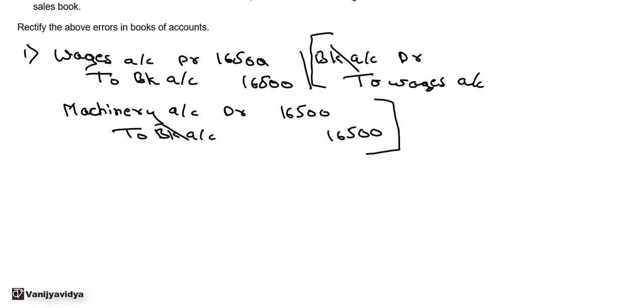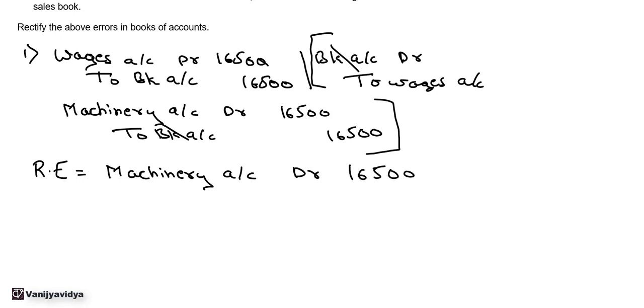So your rectification entry will be machinery account debit 16,500 to wages account 16,500. So what has happened because of this is machinery account is debited by 16,500.